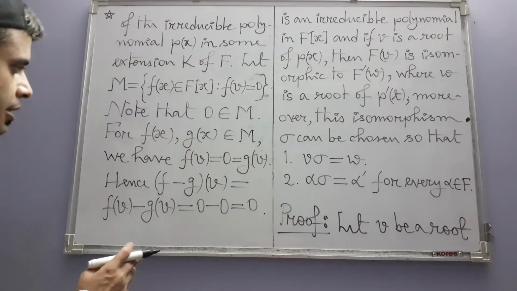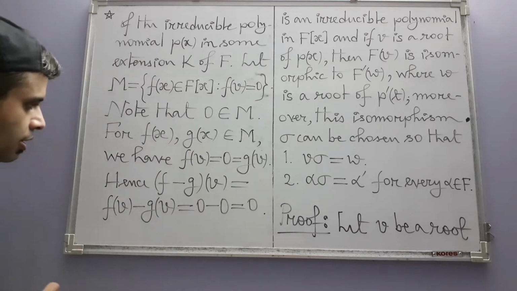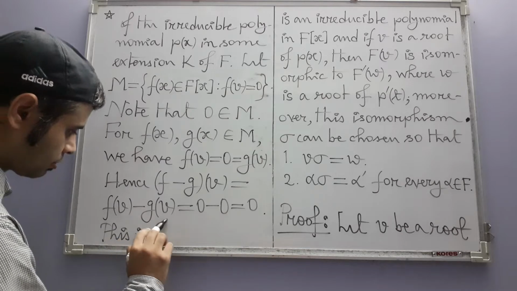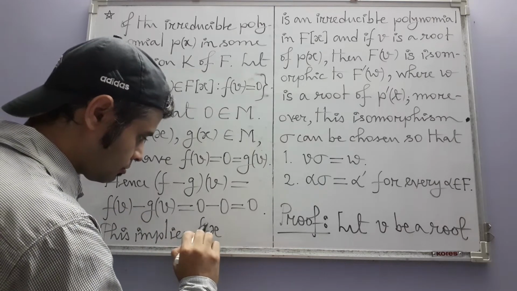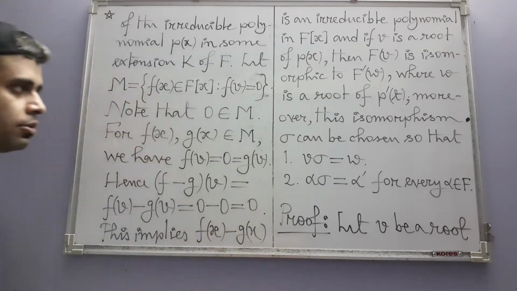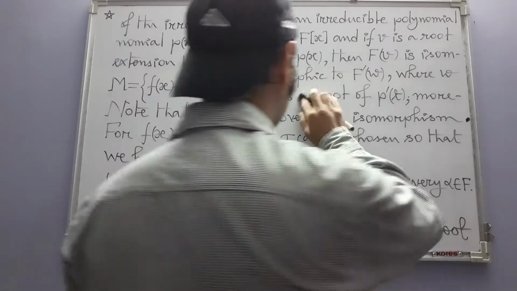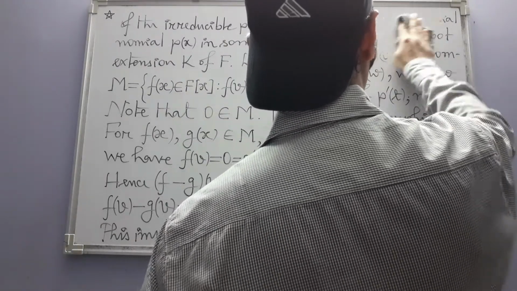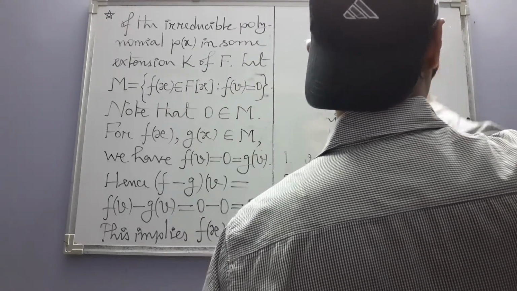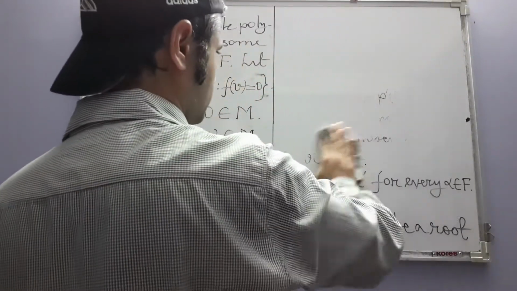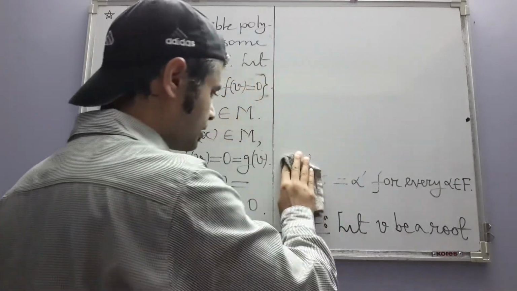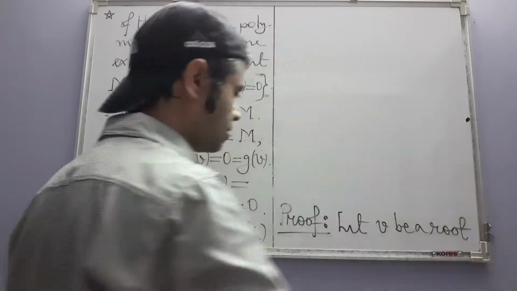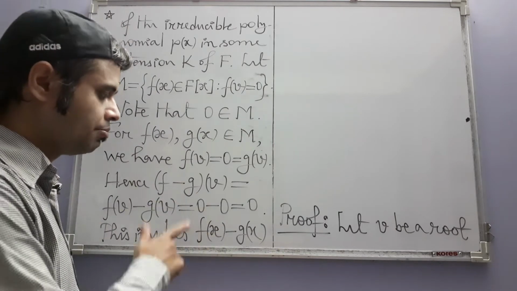Okay, so that means f(x) minus g(x), or (f − g)(x), or whatever you may want to call it, now belongs to M. This implies this belongs to M. Actually, there is no need to separately show that M is an ideal, because right after showing this, we are going to set up a ring homomorphism of which M will be the kernel.